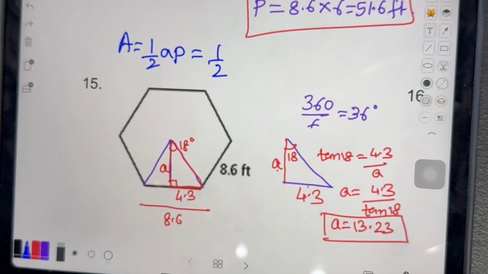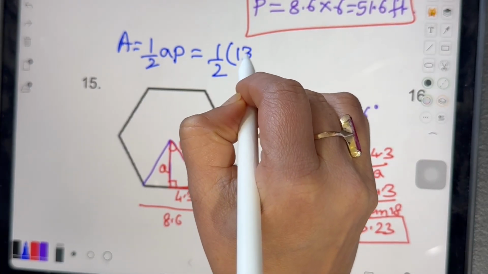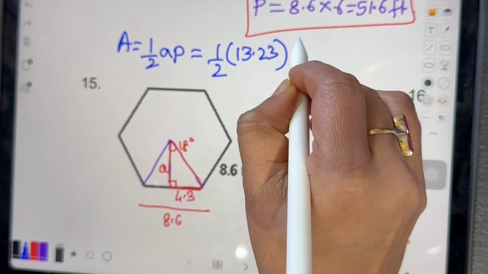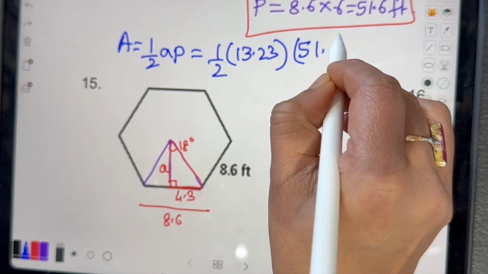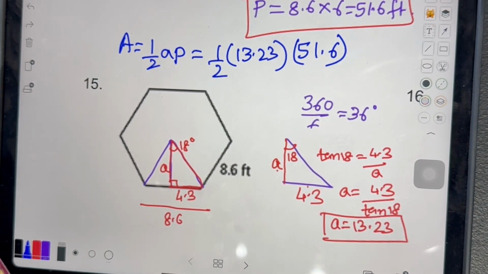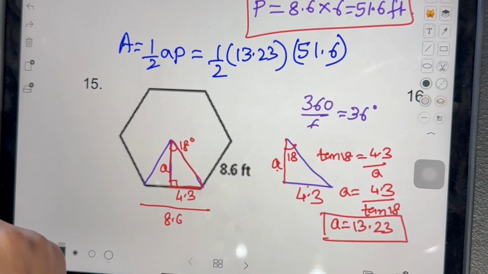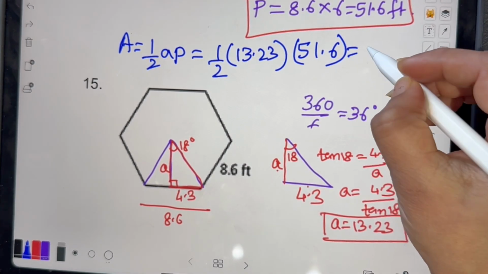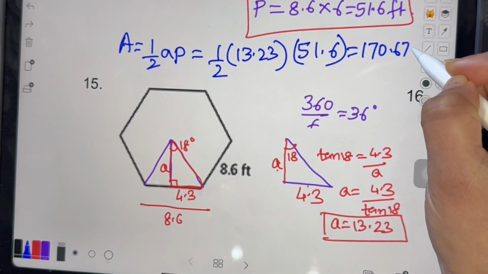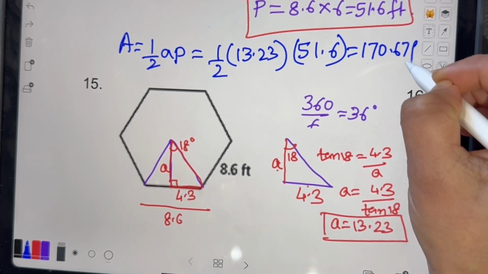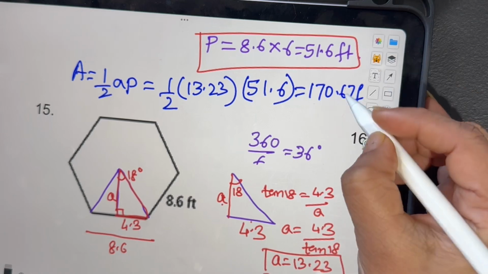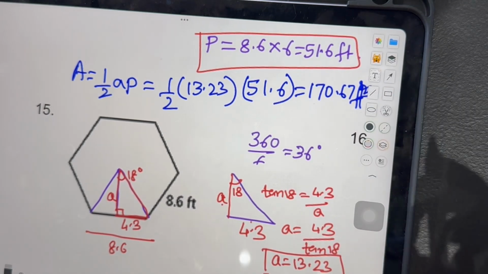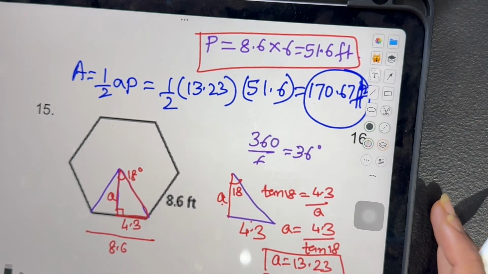What is the apothem right now? 13.23. 13.23 times the perimeter 51.6 feet, divided by 2, is 170.667. I'm just rounding it, this many feet squared. So your answer is 170.67 feet squared.